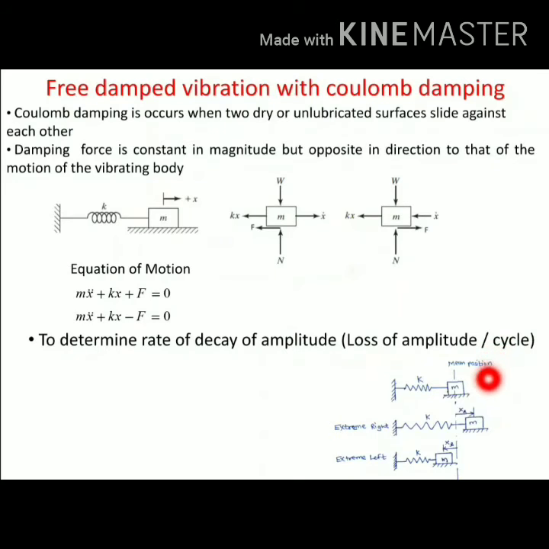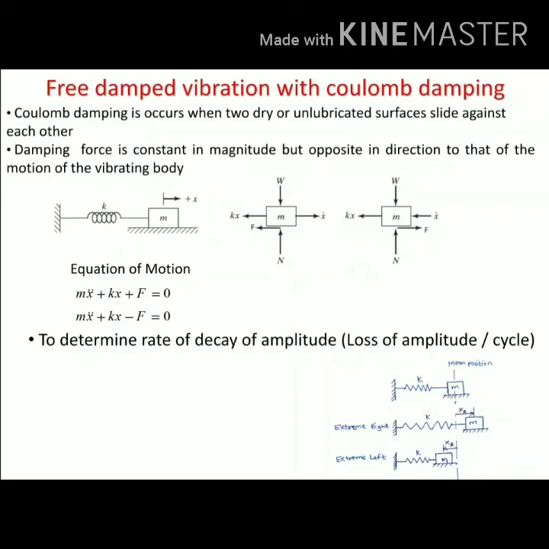Mass displaced from the mean position goes to the right extreme position. So xa is the amplitude of vibration. Then mass displaced from the mean position goes to the left extreme position, xb is the amplitude of vibration. Here the mass moves from right extreme to left extreme position. Because of Coulomb damping, the amplitude of vibration will decrease.